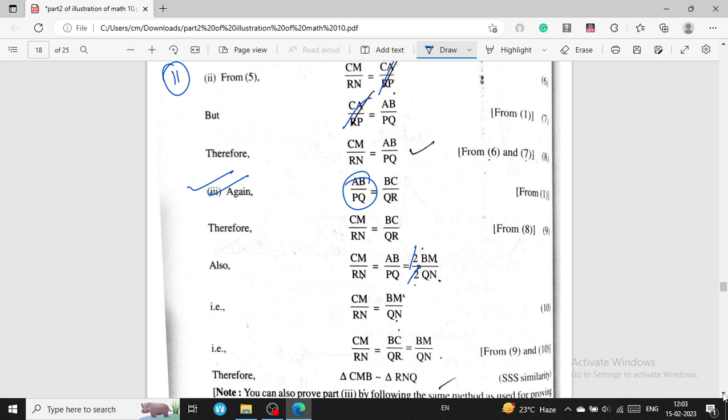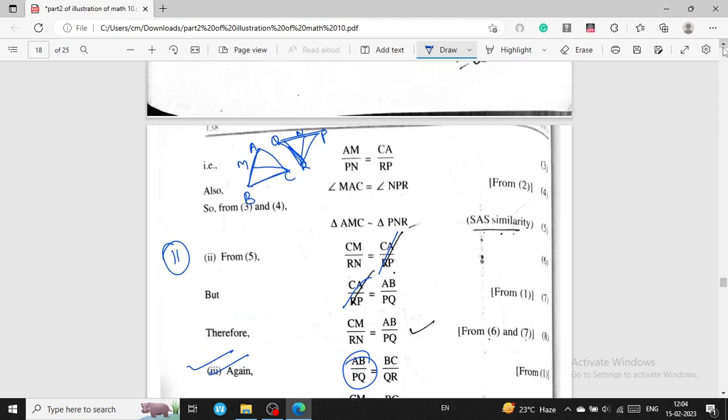CM over RN is equal to BC over QR is equal to BM over QN. This is proved. So that's why here we can say side similarity. Triangle CMB is similar to triangle RNQ, according to SSS criteria.